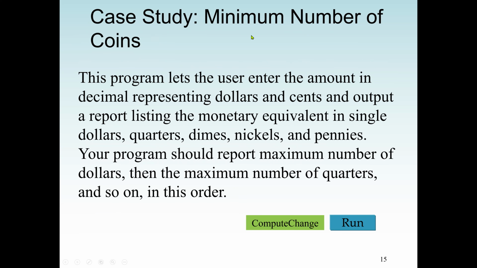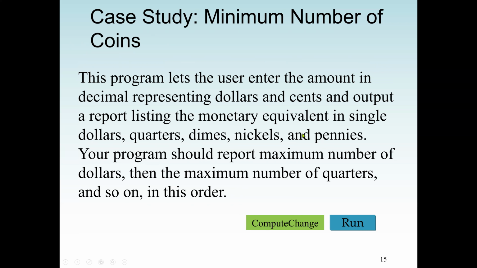Now let's see where the minimum function was used here. So this case study is about the minimum number of coins. This program will let a user enter an amount in decimal representing dollars and cents. And then it will output a report listing the monetary equivalent in single dollars, quarters, dimes, nickels, and pennies.